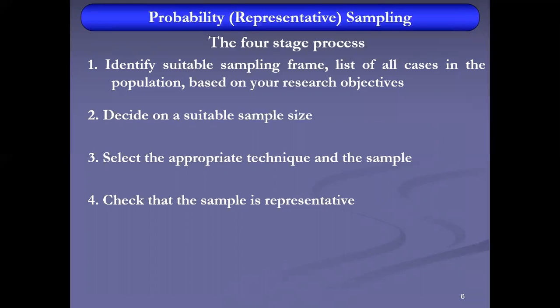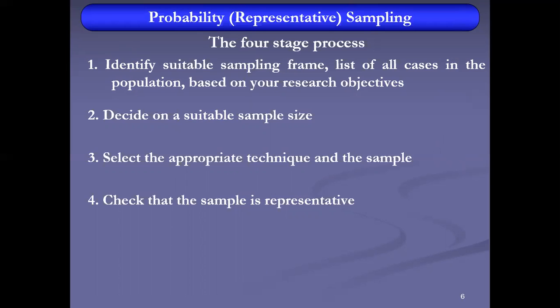Sampling frame means a list of all cases. For example, in the population we have 2000 people, so we should have the list of those 2000 people. Then we can select probability sampling.